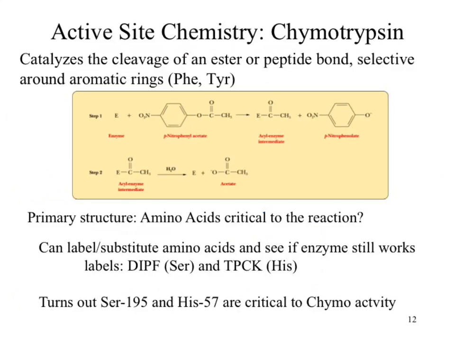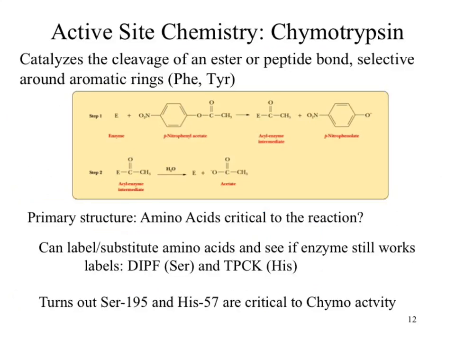You can think of that almost as your thumb and forefinger. So, primary structure. What amino acids are going to be critical to that reaction? Kind of a hard question to ask, at least superficially. So what we would do as biochemists is take the enzyme and say, I'm going to start changing amino acids. When does the enzyme stop working? We selectively change one amino acid at a time to see if it changes the overall reactivity.